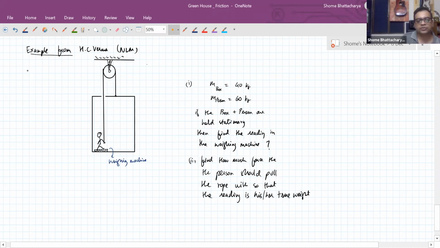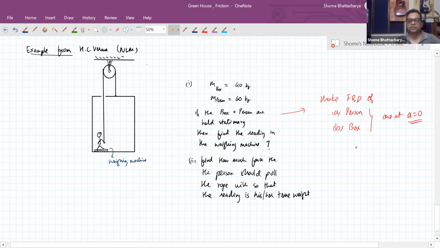So this is an example from H.C. Verma, Newton's laws of motion chapter. So we'll discuss this next. I'll tell you the hint for the first part: you make the FBD of the person and the box separately, and both of them are at acceleration equal to 0.